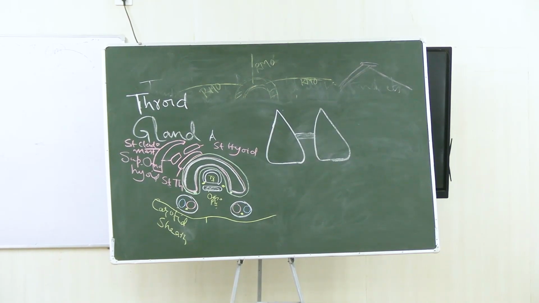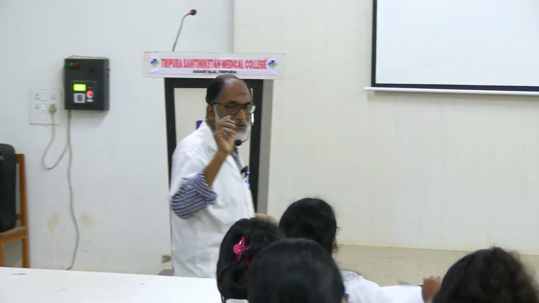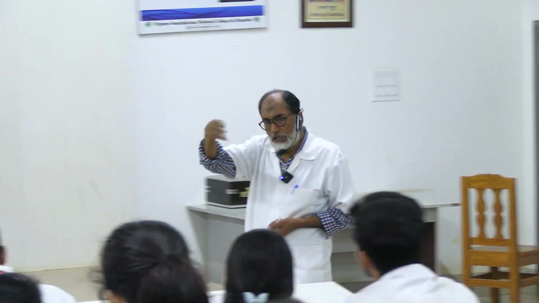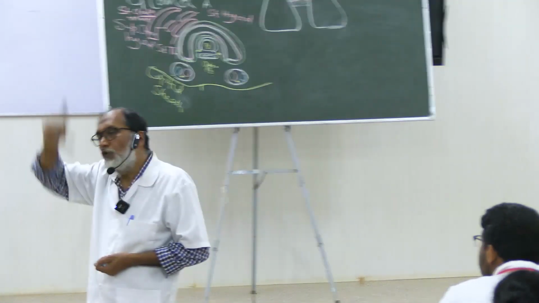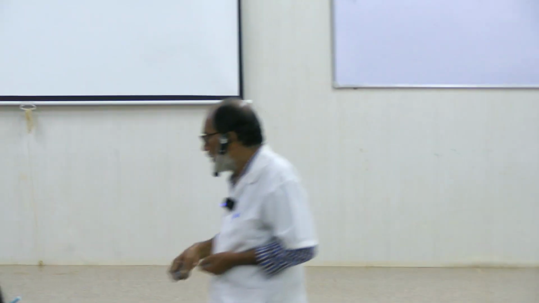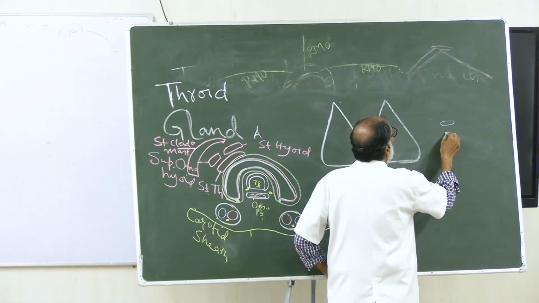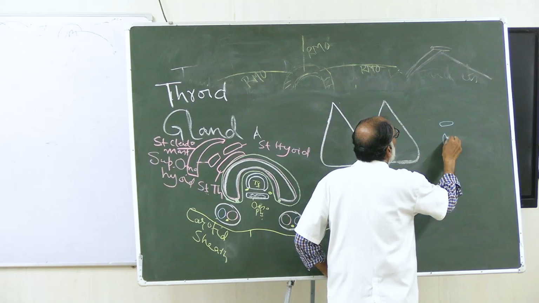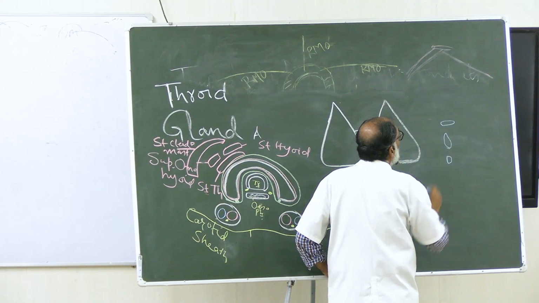Ligament of Berry, one important ligament of Berry. Sometimes a question may come, what is that ligament of Berry? Just in introduction I told you, when you are swallowing, the gland moves up and down. Why? Number one, here you see thyroid cartilage. Here lies thyroid cartilage. Here lies cricoid cartilage.